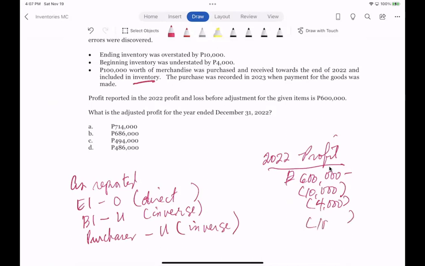So we deduct 100,000. Therefore, we have 600 minus 10 minus 4 minus 100. Correct profit for the year is 486,000. And I think that's the end of the multiple choice.